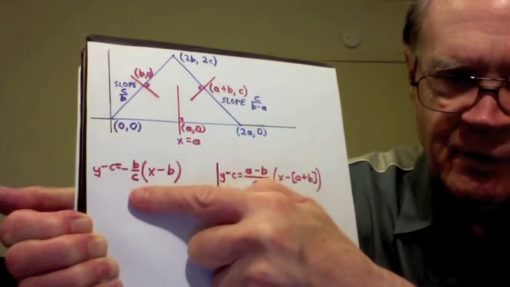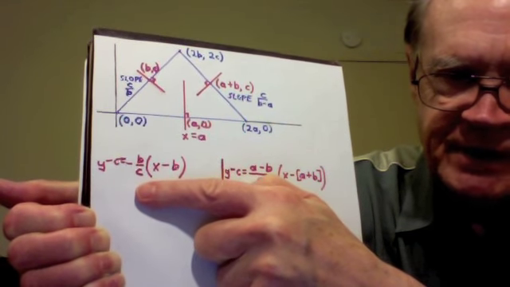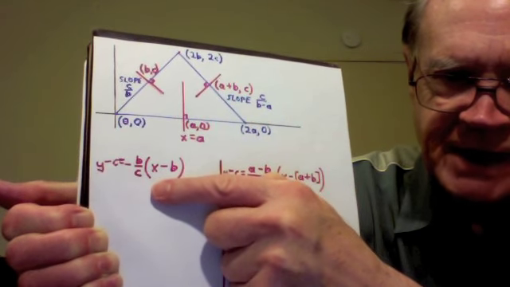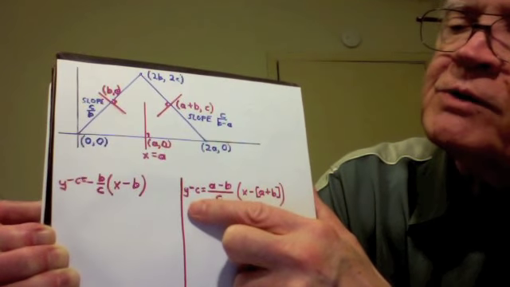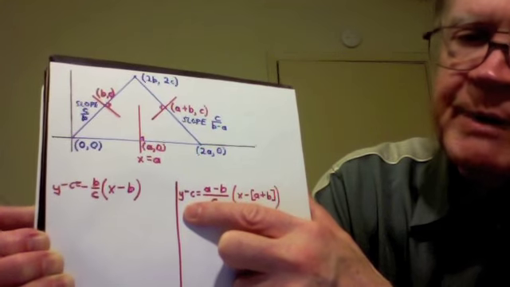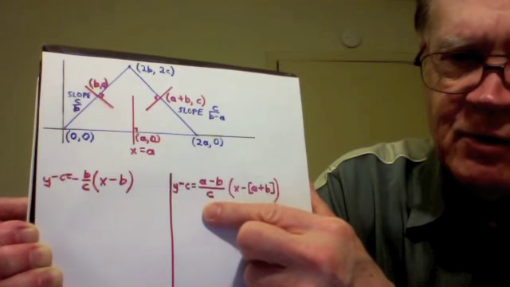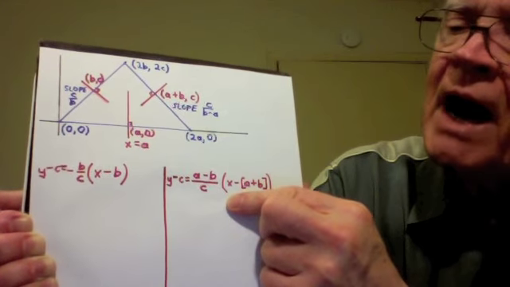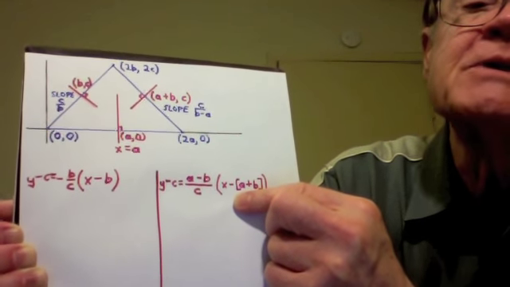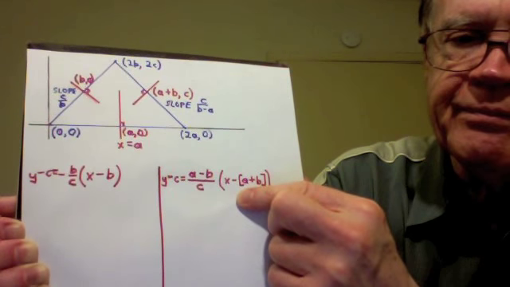So we have y minus c equals negative b over c times x minus b. Now the other one, again using point slope form, turns out to be y minus c equals a minus b over c times x minus a plus b.